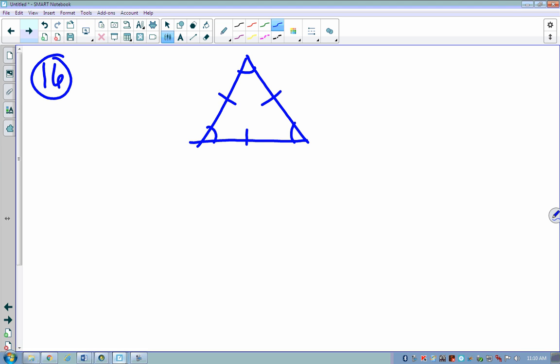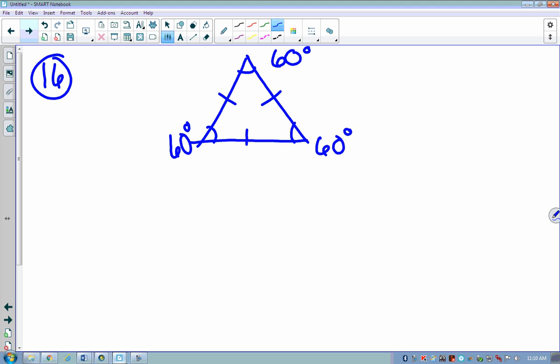If all angles are the same, then every angle must be what? 60. Why 60? 180 divided by 3. So I got 60 degrees here, 60 degrees here, which is always good news, right? Because we might end up working with a 30, 60, 90 triangle in here somewhere.